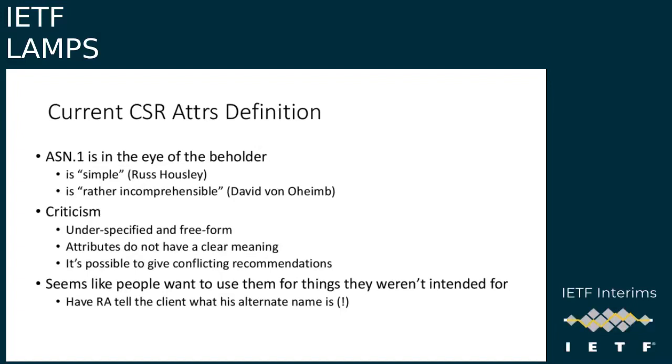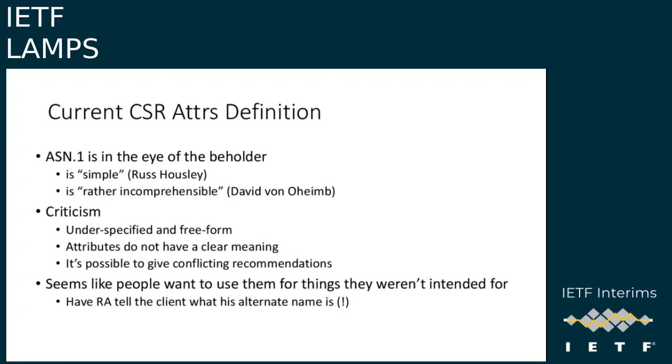So you could tell somebody to encrypt with RSA encrypt or sign with RSA encryption and tell them to use a ECC key. So yes, it is possible to speak garbage that is not prevented. So it does seem like there's some desire to use the CSR attributes in ways that at least I didn't think that they would be used.